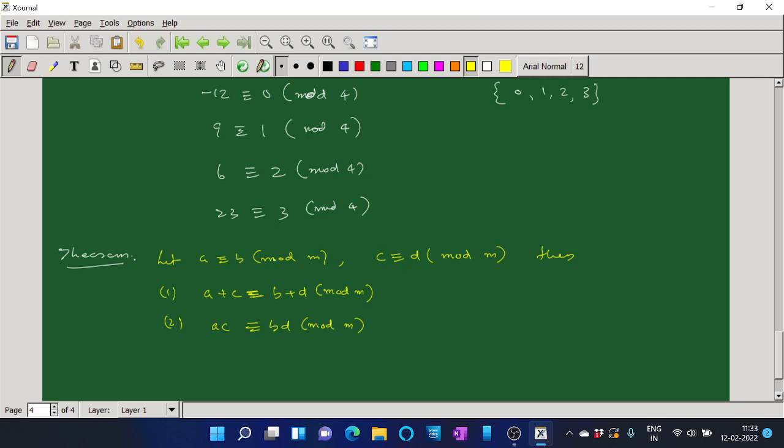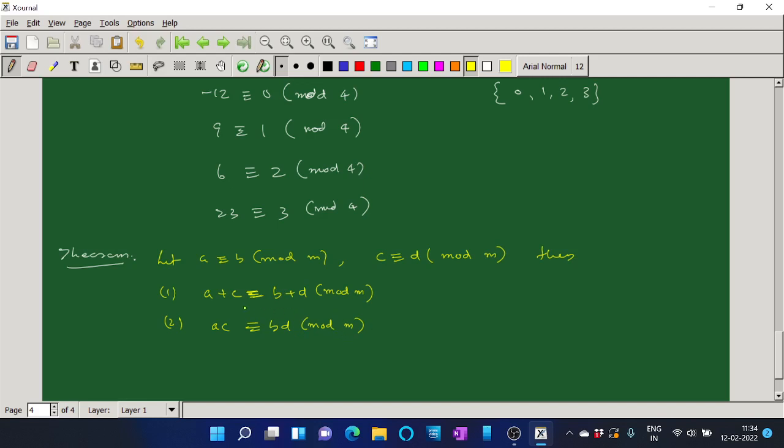So, if we have two congruence relations like a congruent to b mod m, c congruent to d mod m, then they can be added and they can be multiplied like this: a plus c congruent to b plus d mod m, ac congruent to bd mod m.